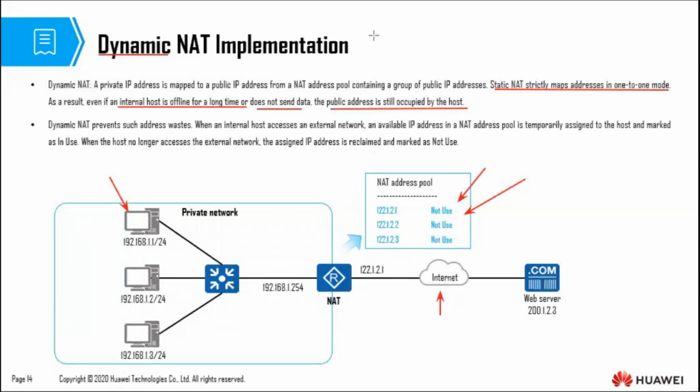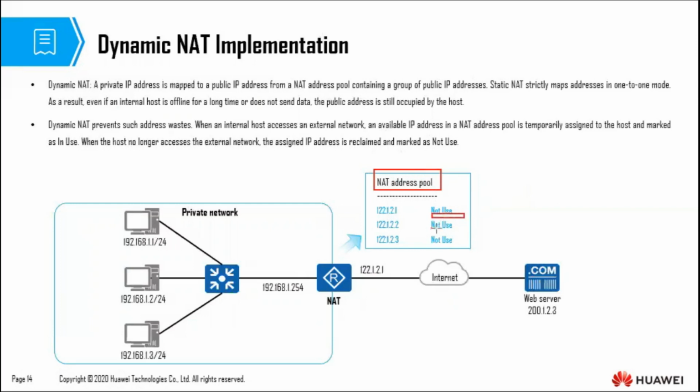So what happens is this, or is it in the next slide, by the way? I don't want to explain it, maybe let's have a look. But just know that the egress device has a NAT address pool that has a list of public IP addresses and their status.